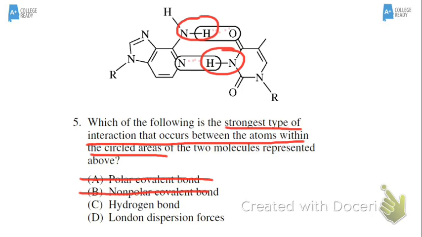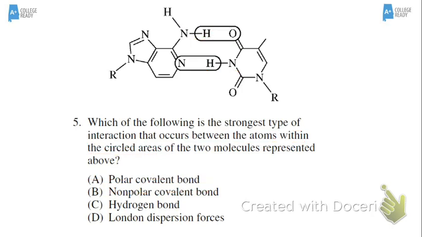And this is question 5, so this is fairly easy. Now, hydrogen bonding and London dispersion. Now, do these molecules have London dispersion forces? Yes, they do. But is that the strongest force that's occurring here? No, it is not. So that's why we should have hydrogen bonding.